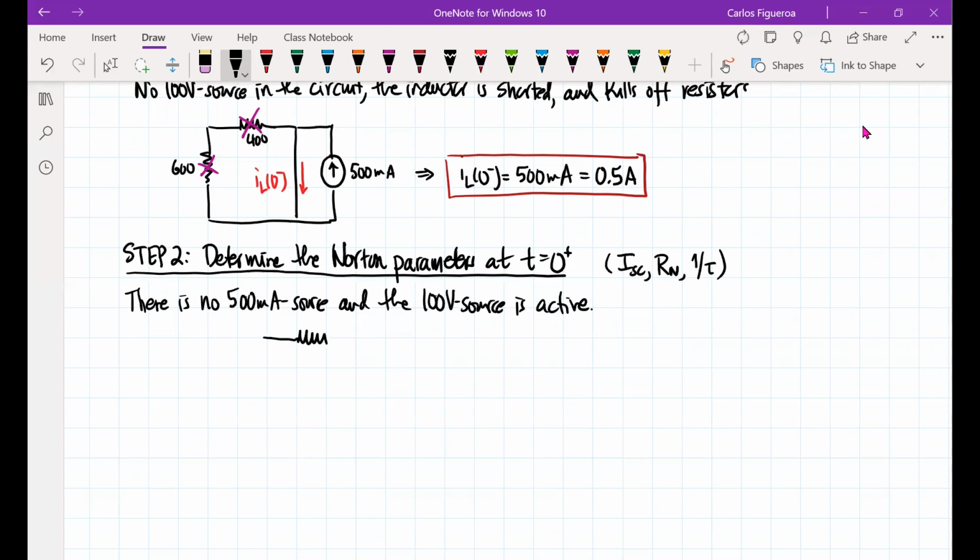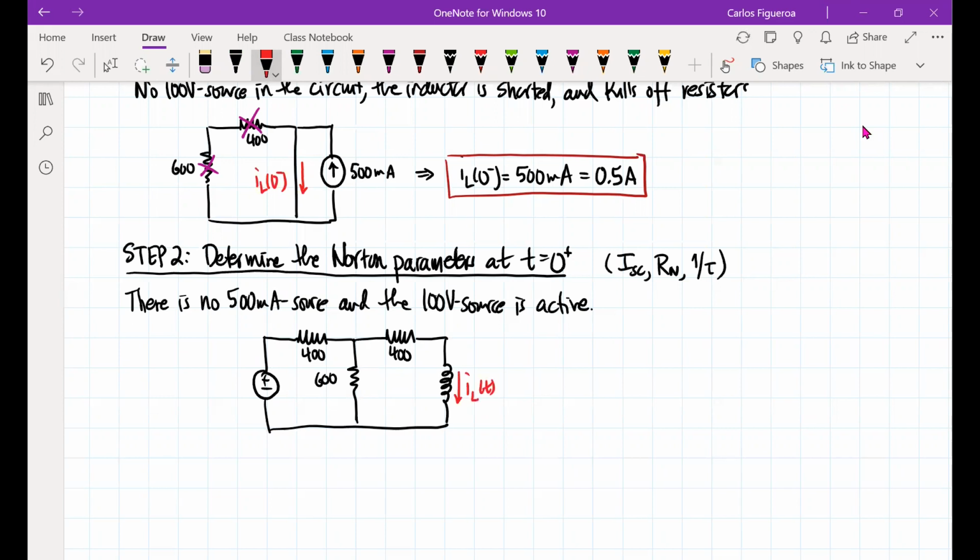I have 400, I have another 400, and then I have my inductor. And then here I have my voltage source. So I know that this is 600, this is 400, 400, and then right here is my inductor current.